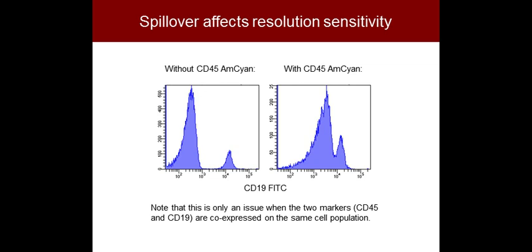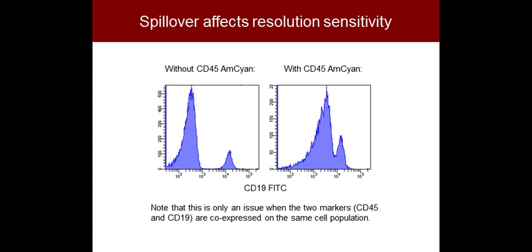But there's a very important caveat to this, and that's at the bottom. It's only an issue when the two markers, CD45 and CD19, are co-expressed on the same population. If I had chosen CD3 in my AmCyan channel versus CD19, that's a T cell marker versus a B cell marker, this really wouldn't be an issue because I could gate out all the CD3 positive cells before I even look at the CD19 staining, and therefore I could bypass this whole issue.